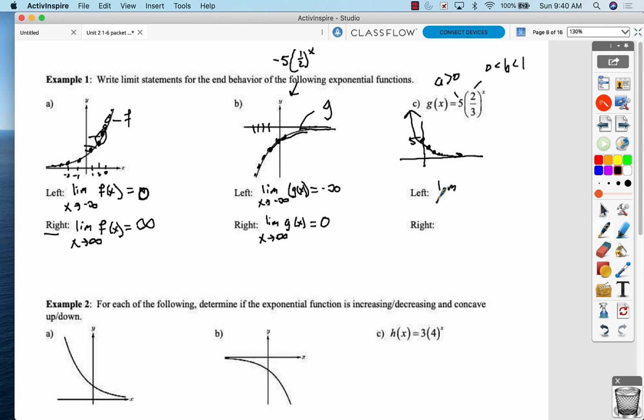So the limit as x goes to negative infinity of g of x goes to infinity because these things are getting bigger. The limit as x goes to infinity of g of x: these y's are getting closer to 0.